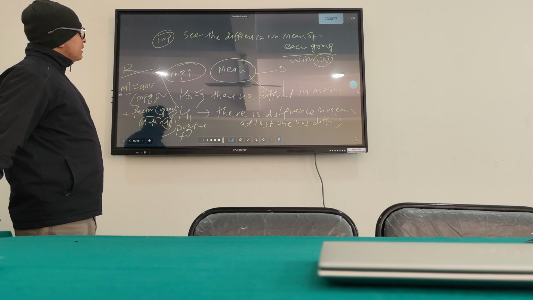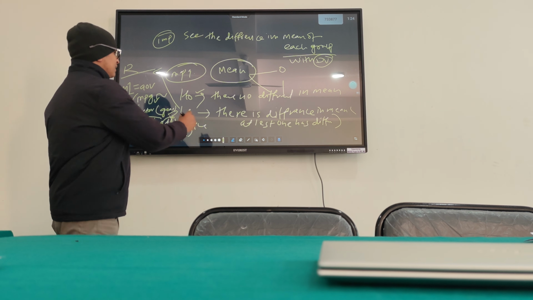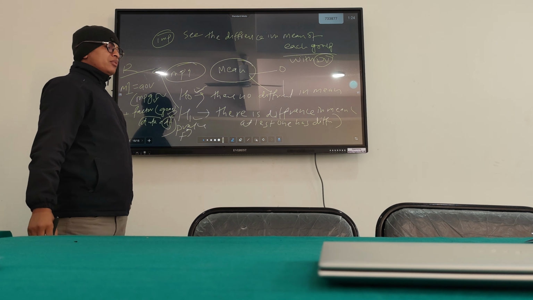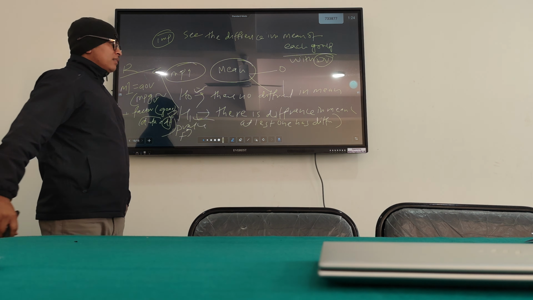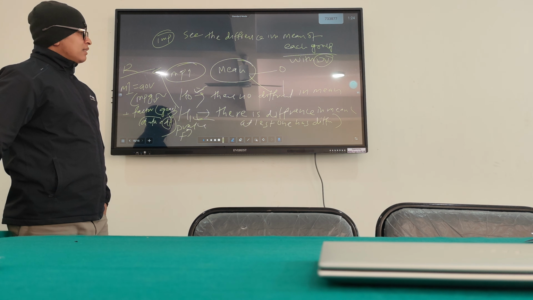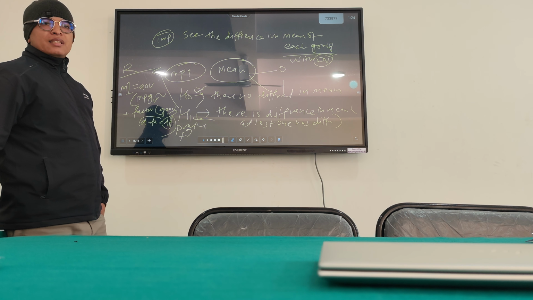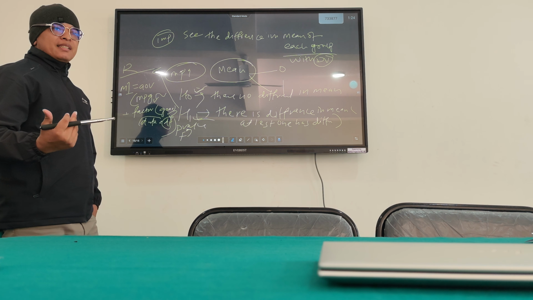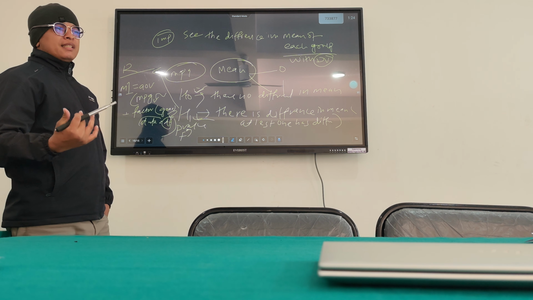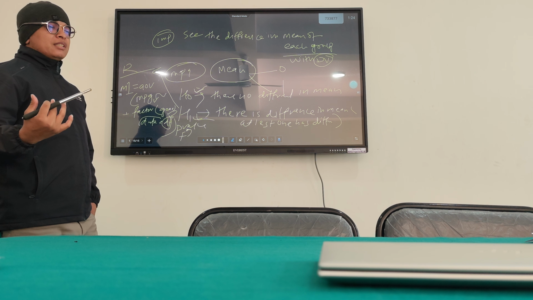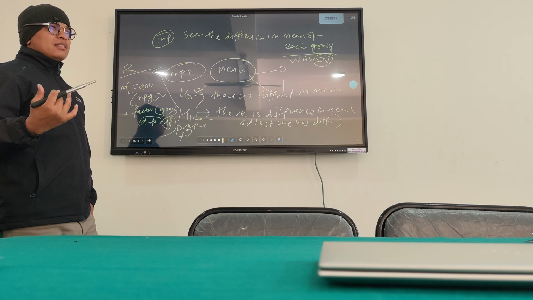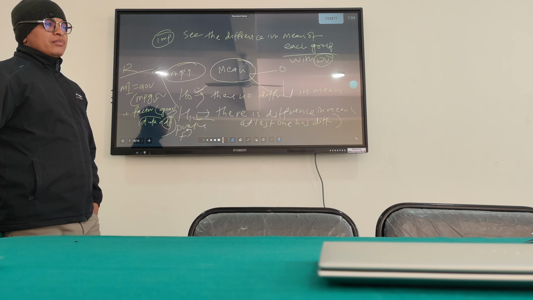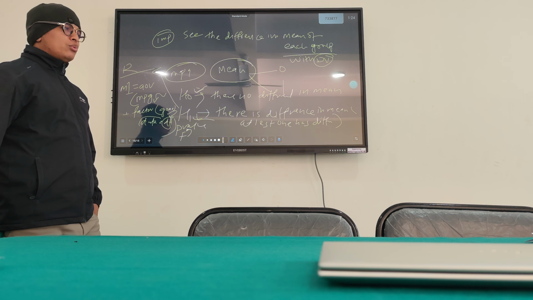But the alternative hypothesis says at least one pair has a different mean. That means what? Different gear, right? Maybe there are a couple of gears, maybe 2, 3, 4.